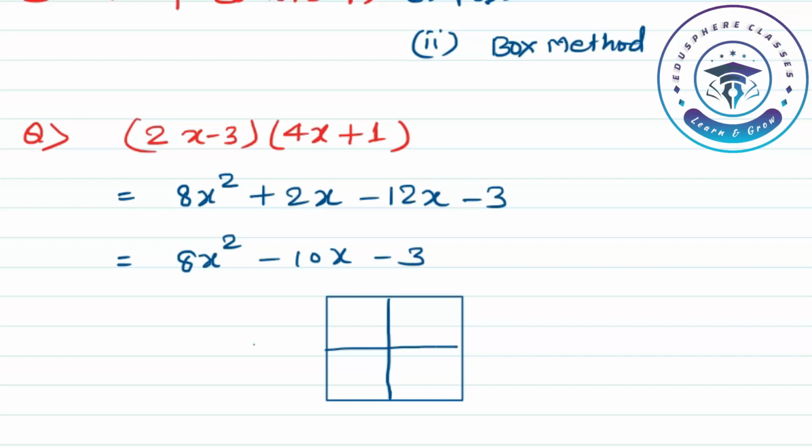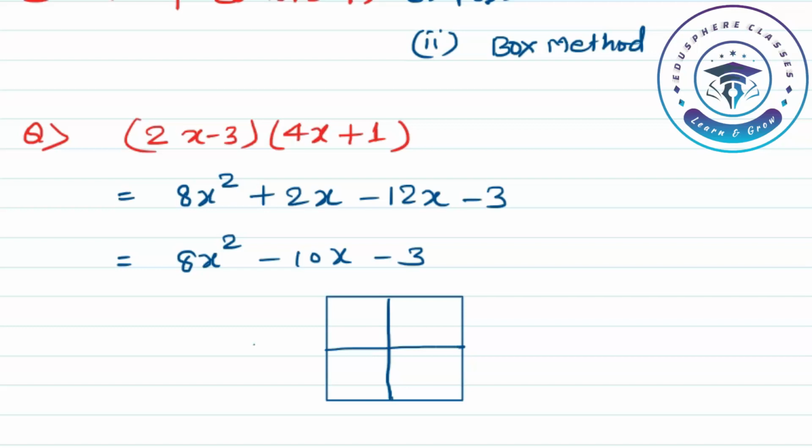Then one of the polynomials we can write in the row and the other in the column. Now it may have more than two terms, and it may have a different number of terms in both the polynomials, like 3 or 2. Then you can either make a 3 cross 2 box or a 2 cross 3 box, depending on yourself.